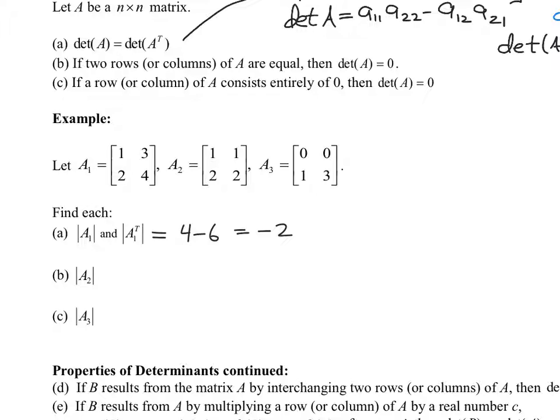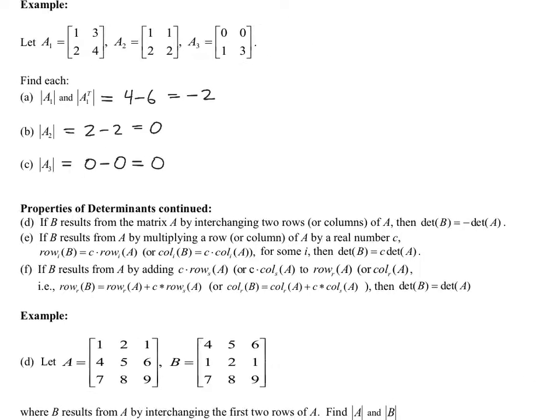Rows containing repeated values, diagonal down 2, diagonal up 2. And a row containing zeros, diagonal down, diagonal up, both 0. So again, not a proof, but a justification.